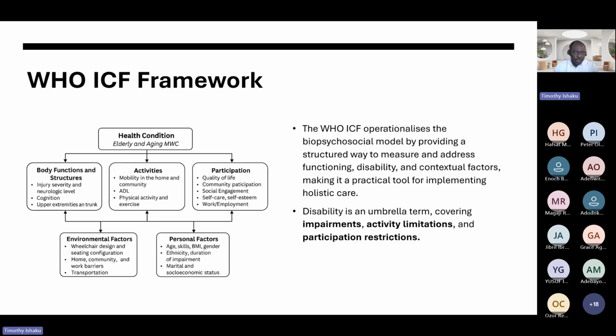The framework brings to light, or operationalizes, a structured way to measure and assess the functioning of our patients and the contextual factors, making it a practical tool for implementing holistic care.